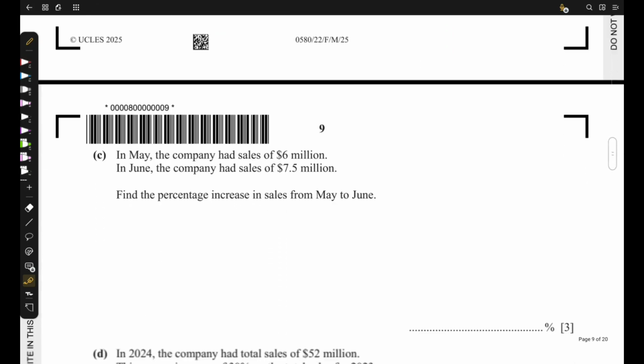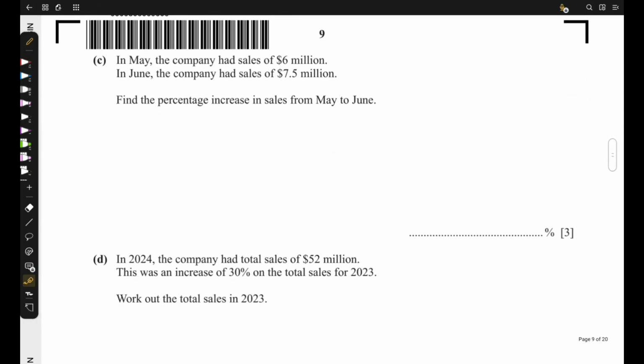Moving on. In part C, in May, the company had sales of $6 million. In June, the company had sales of $7.5 million. Find the percentage increase. So percentage increase has a very simple basic formula. In the numerator, we have to write down the difference. What is the difference between these two sales, 6 and 7.5? 7.5 minus 6 is 1.5.